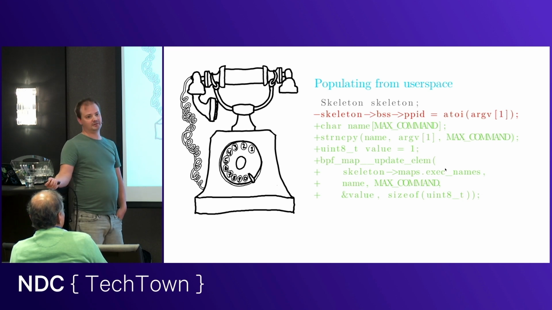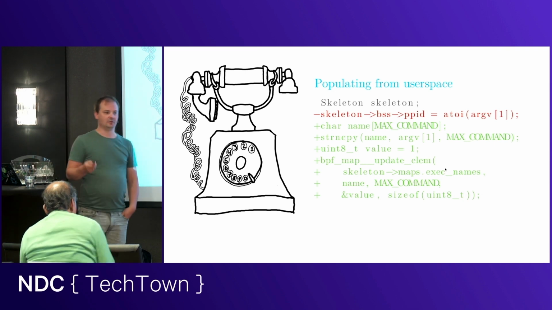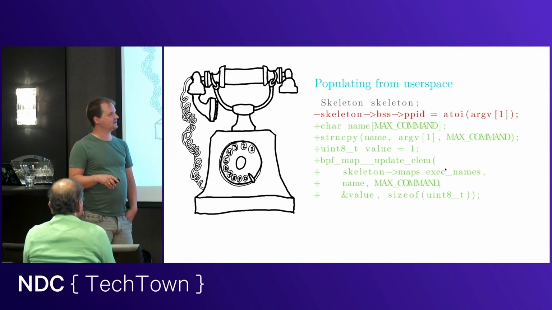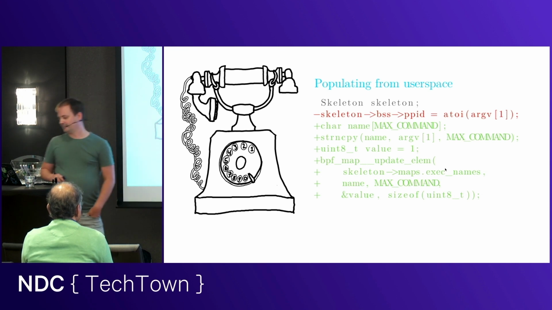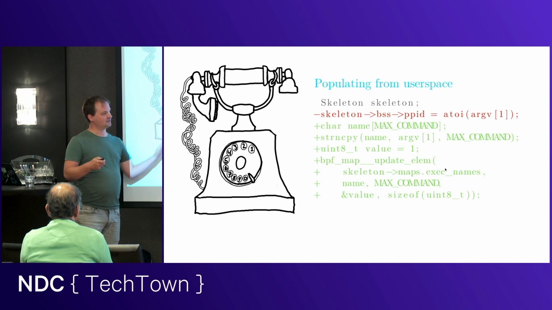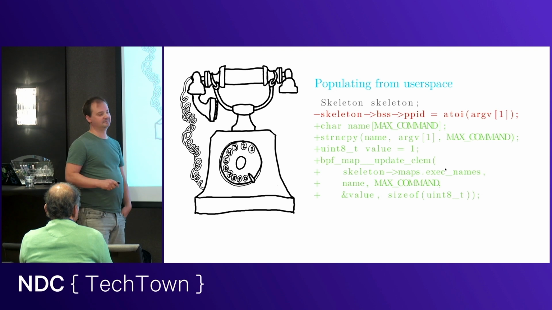The double underscore is the libbpf API, which is available to you in user space. If there's a single underscore after these functions, then you're in kernel space. So if you're not sure whether this is kernel space or user space code, just look at the functions you're calling. They look very similar, but one of them has a double underscore somewhere.